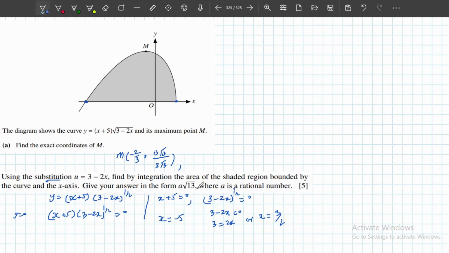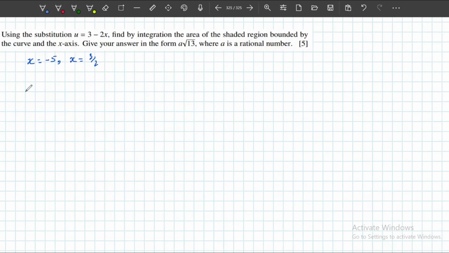That will help us to find the area under the curve by using the integration concept as well as substitution. So next step, now we will find the shaded area. For the shaded area, we will take the integration of this function from minus 5 to 3 over 2.